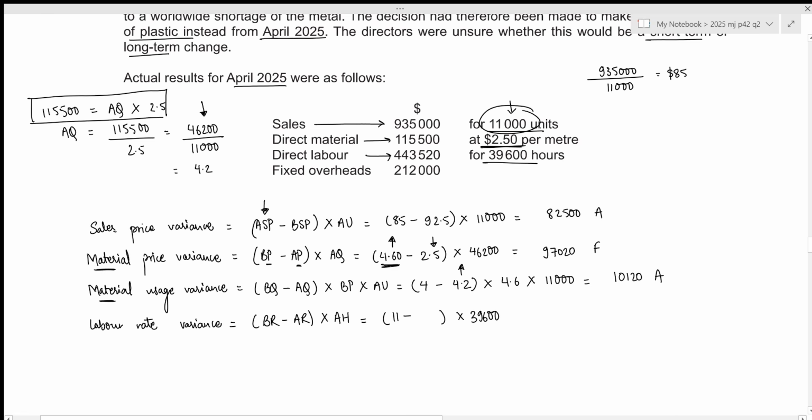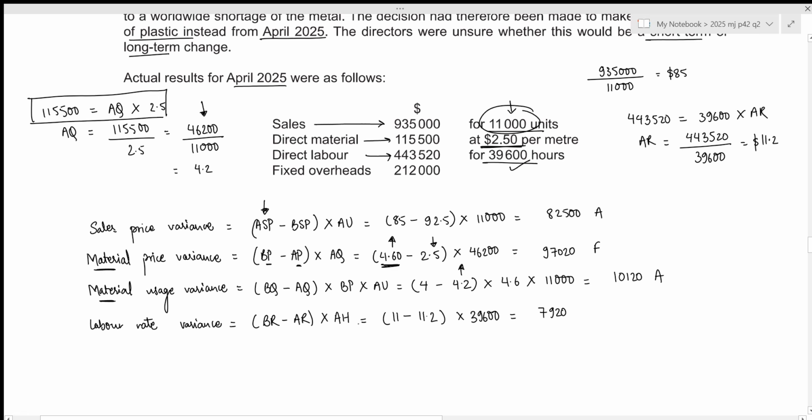So this total, 443,520, is just the product of the actual hours, which is 39,600, multiplied by the actual rate per hour. So the actual rate per hour will just be 443,520 divided by 39,600. This will result in the value of 11.2. This results in the value of negative 7,920.